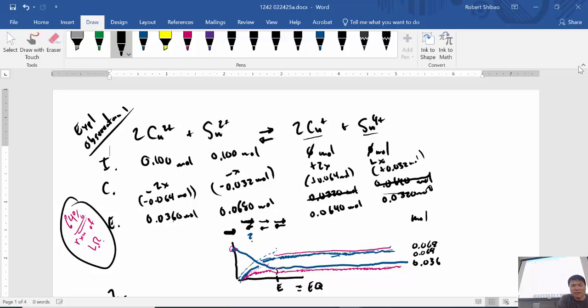So once we hit equilibrium, we get forward and reverse reaction occurring at the same rate, and that stays throughout. So we could wait forever and nothing's going to change as long as the temperature and other factors don't change. It just stays stable, this ratio here.